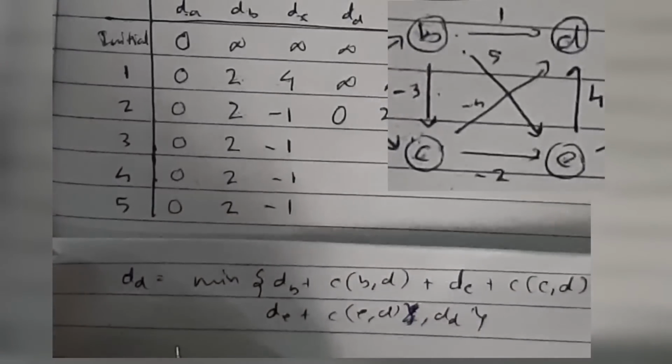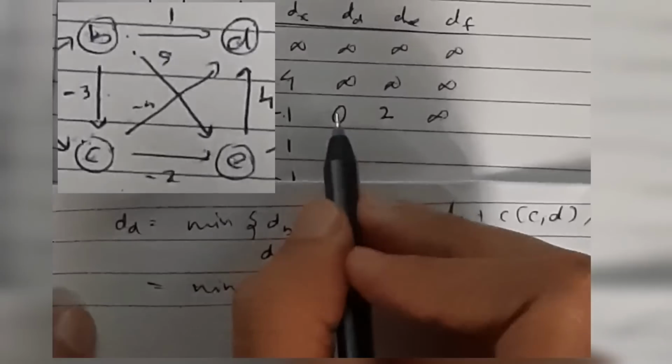Okay. So now calculating these values, what's the previous value of dB? dB's value is 2 plus cost of B to D, which is 1, comma dC's previous value is minus 1 plus cost of C to D, which is minus 4, comma dE previously is 2, 2 plus the cost 4, comma what is the previous value of dD?